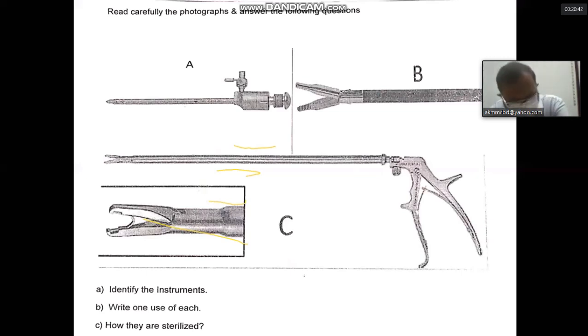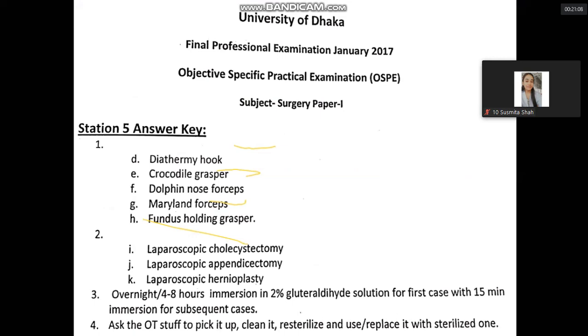But for number 1, I have said that creation of pneumoperitoneum during laparoscopic surgery is the most appropriate answer. Okay? Any question? Any question regarding this station? No, sir. Okay.